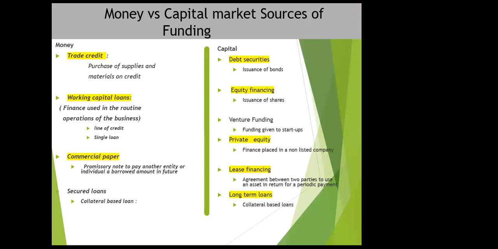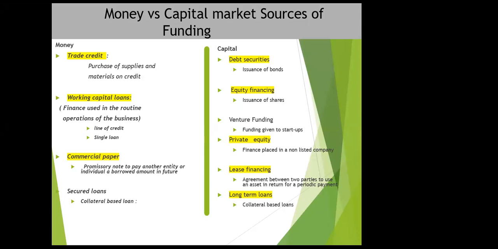Then there is what is known as the commercial paper. This is not very popular in the financial market. Usually, this is done between very big entities and also amongst the pension funds and other big entities.